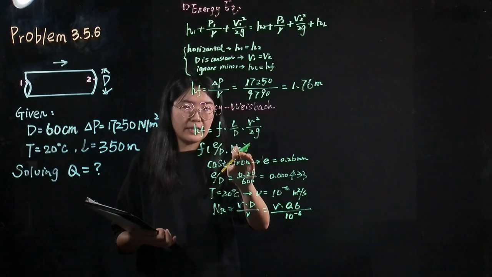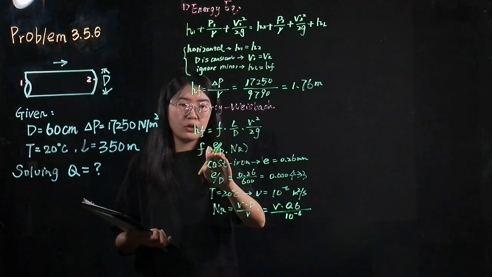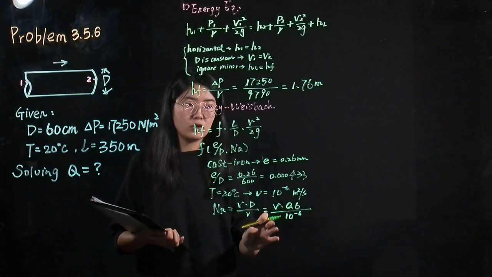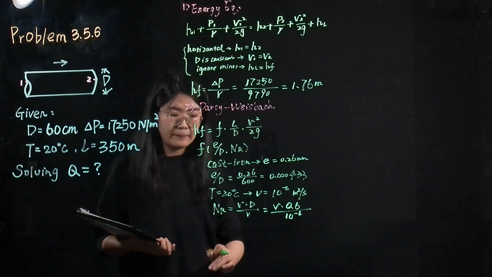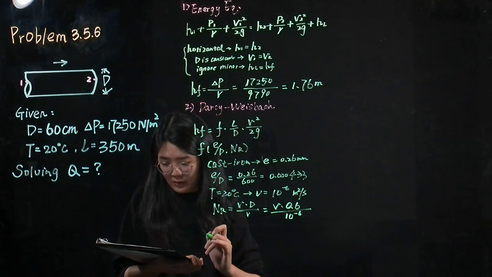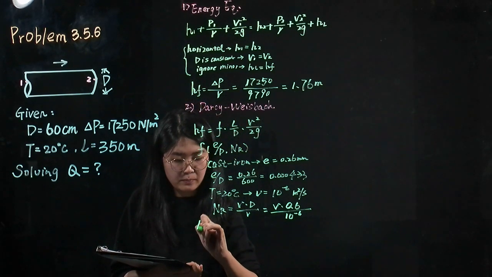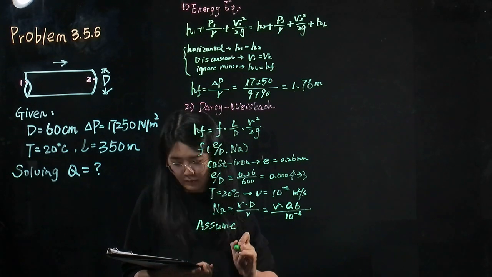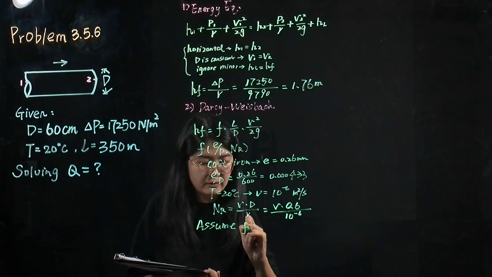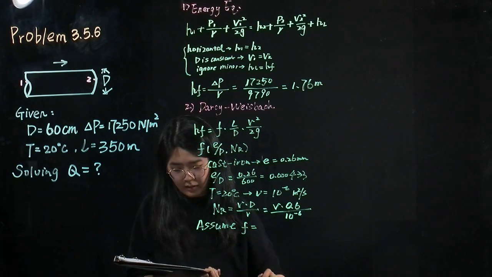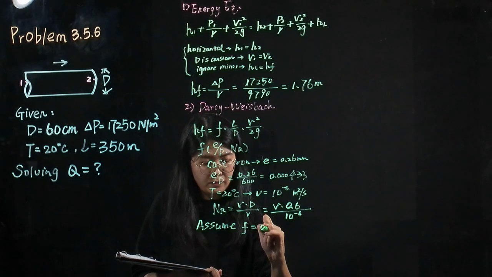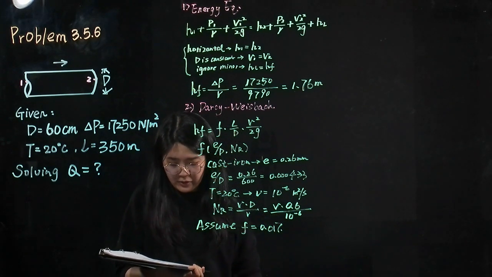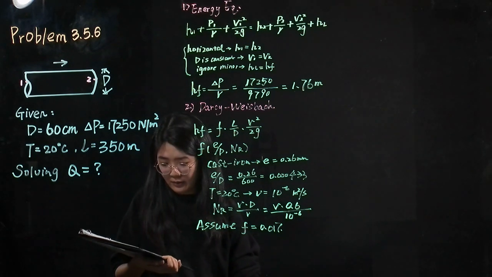Then we have two known numbers, and we can use a Moody diagram to validate our assumption. So we assume the friction factor is 0.017, and the fluid is in complete turbulence in a rough pipe.